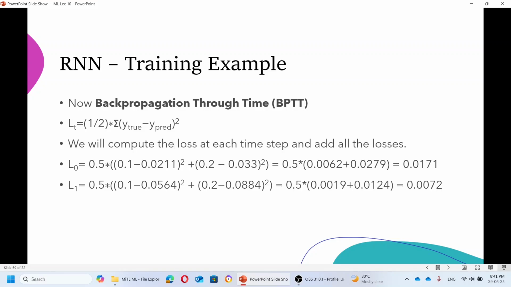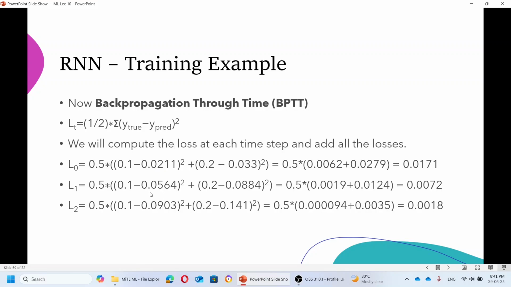So these are the predicted values: 0.0211 and 0.033 at t is equal to 0, 0.0564 and 0.0884 at t is equal to 1, and 0.0903 and 0.141 at t is equal to 2. So we finally got these three values. To get the total loss, we just add the losses at each time step, and so the total loss is 0.0261.